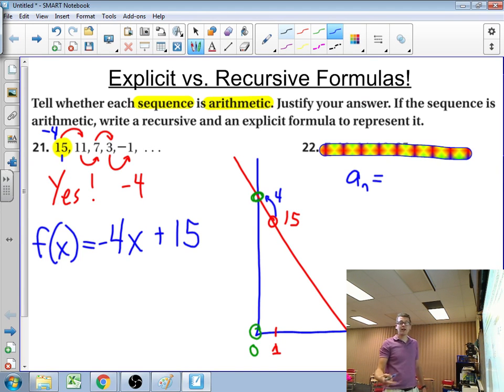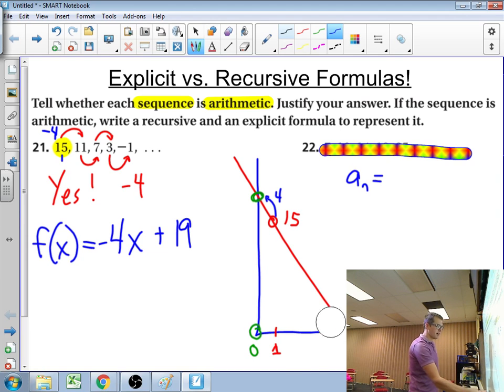And instead of going down, it would actually go up. So that starting value is actually going to be 19. So there would be an explicit formula for that function right there, f of x equals -4x plus 19. You could also say y equals -4x plus 19, or a sub n equals -4 times n plus 19. But we like to get used to this function notation now.